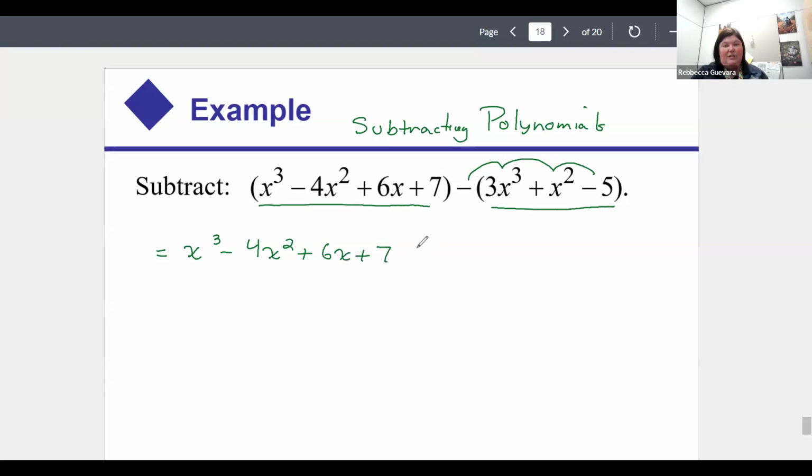So if we distribute that across, we're going to get a negative 3x cubed. Negative and plus the x squared is going to give me a negative x squared. Negative times the negative 5 is going to give me plus 5. Then we just combine like terms again. We get a negative 2x cubed, a negative 5x squared, plus 6x plus 12.